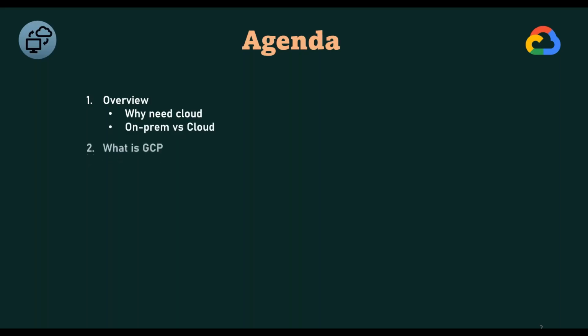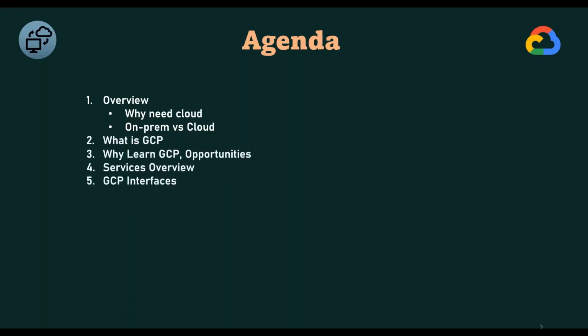Then we will see what is the Google Cloud platform, why we have to learn it, the opportunities, and what services are there in it. If I want to interact with any service in the GCP, what is the console, how I can activate the Cloud Shell, how to work with the Cloud SDK, and we will also have a console walkthrough.